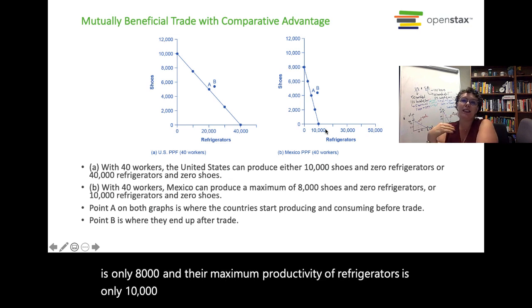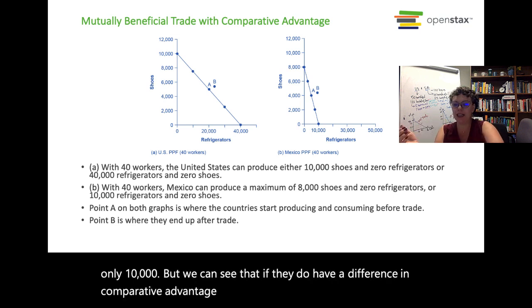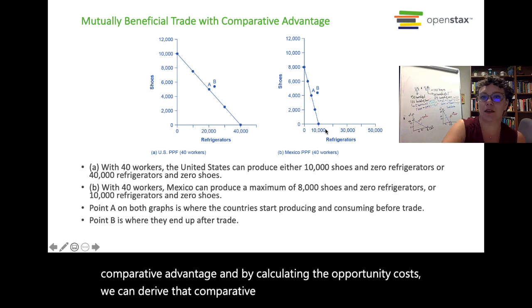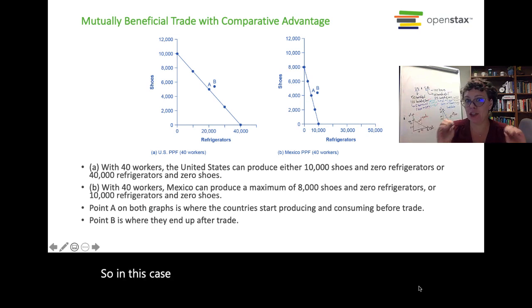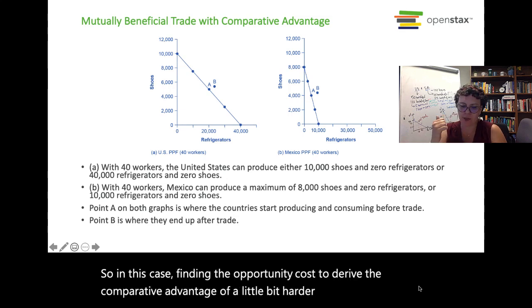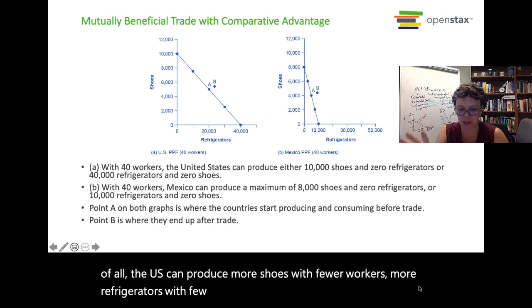But we can see that they do have a difference in comparative advantage. And by calculating the opportunity costs, we can derive that comparative advantage, okay? So in this case, finding the opportunity cost to derive the comparative advantage is a little bit harder, but you can see, first of all, the US can produce more shoes with fewer workers, more refrigerators with fewer workers, Mexico not so much.